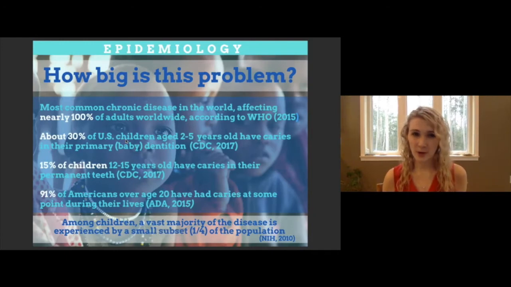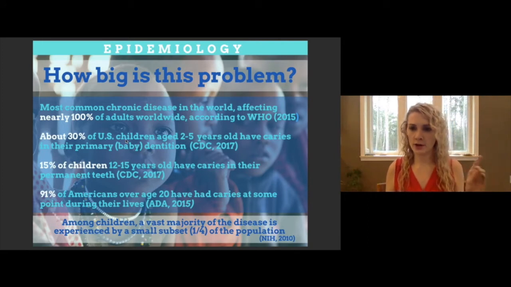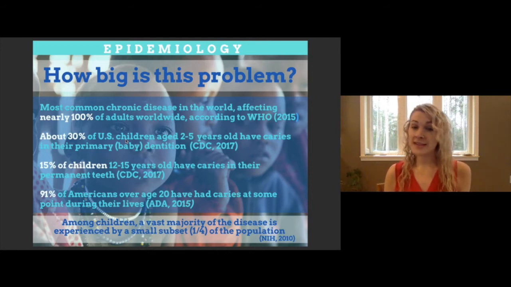How big is this problem? We'll review the epidemiology. It's the most common chronic disease in the entire world, affecting nearly 100% of adults worldwide, according to the World Health Organization. About 30% of US children aged 2 to 5 have dental caries in their primary or baby teeth. 15% of children in their adolescent years have dental caries in their adult teeth.